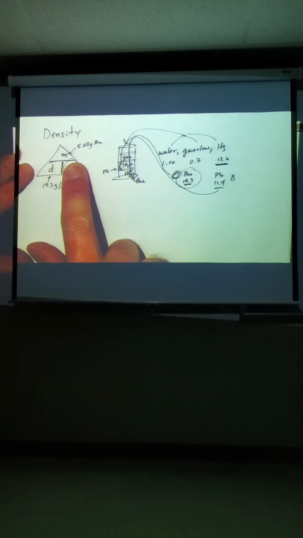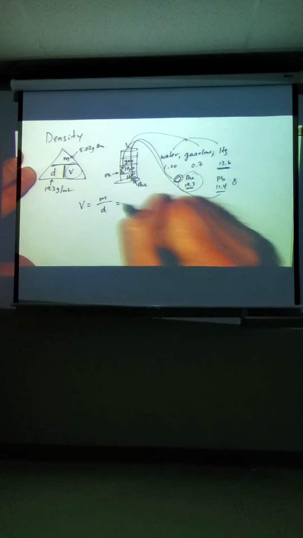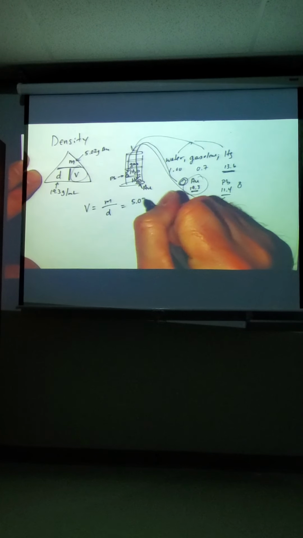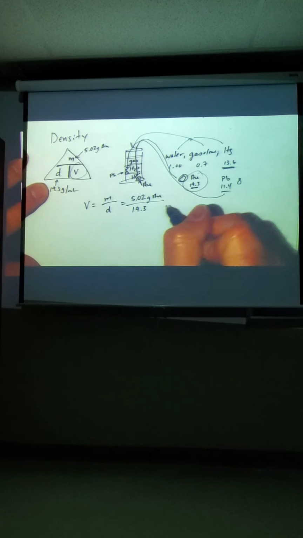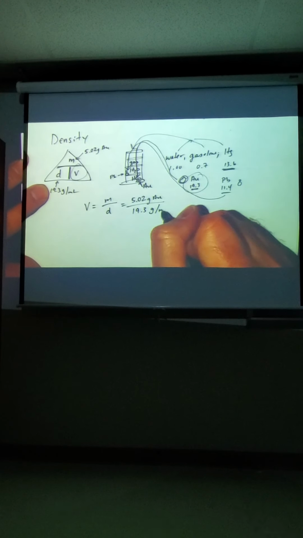To do this, we just cover up V. V would be mass divided by density. So V equals mass divided by density. The mass was 5.02 grams of gold, which is three significant figures. That zero is between two non-zero numbers. Here we have 19.3 grams per milliliter.